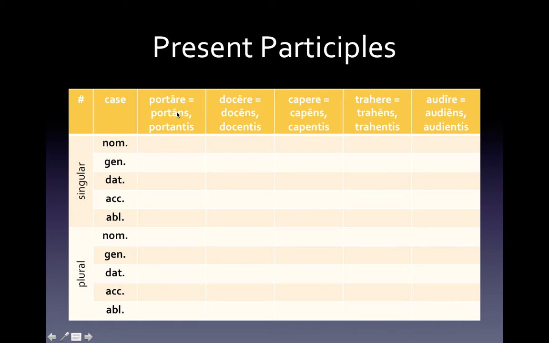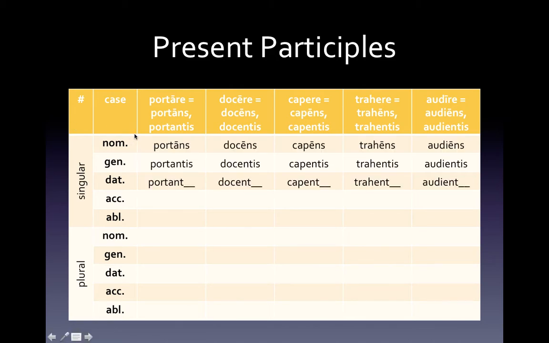Again, this one and this one right here, you're looking at your standard third declension adjective dictionary entry. So we bring portans down to here, portantis down to here for our genitive singular. You chop off the genitive singular ending, and then you add everything onto here for your complete rundown.